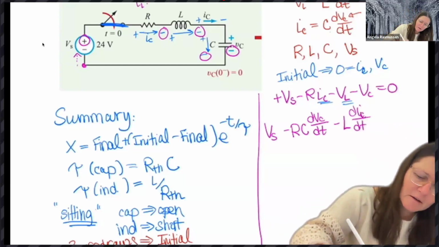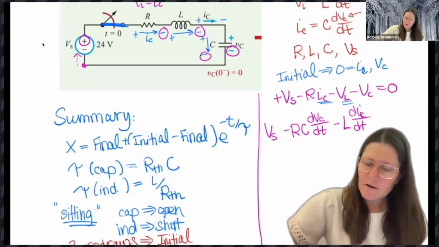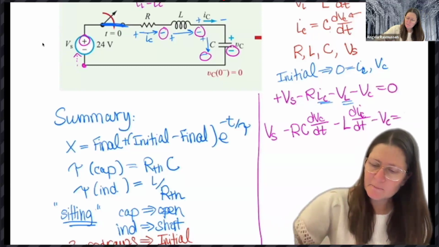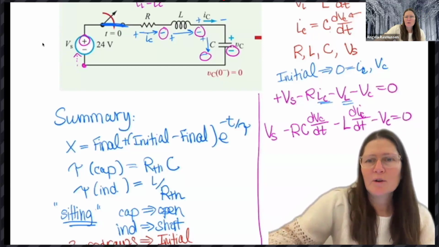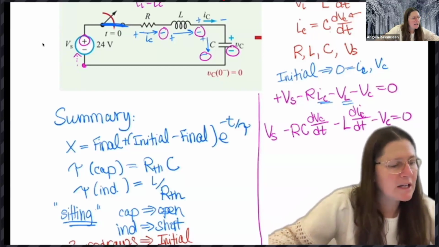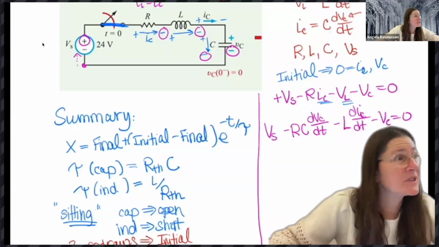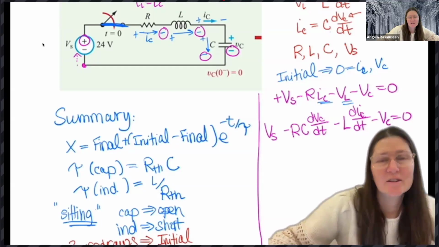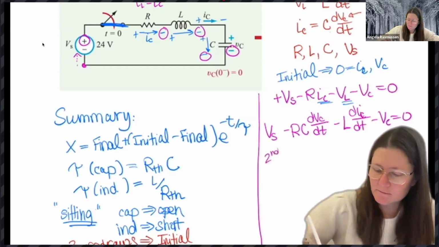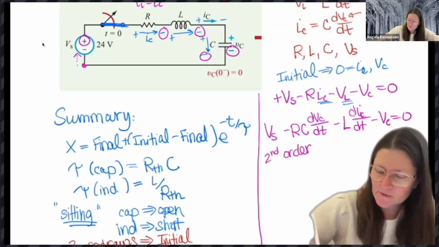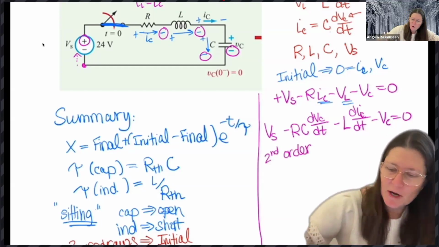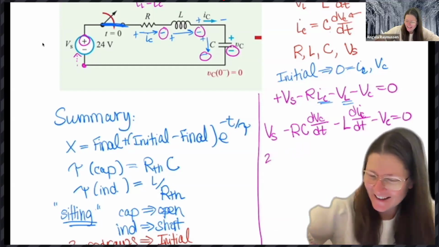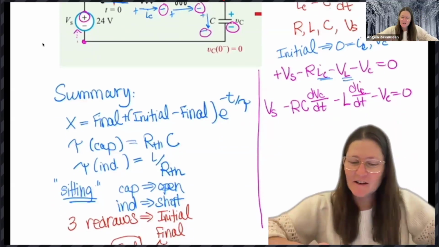Note that. And then minus VC. So what kind of equation is this? Correct. Second order. Well, I'm not quite to second order. Let me do one more thing first.